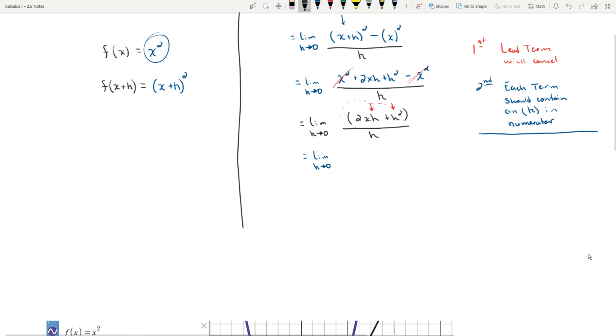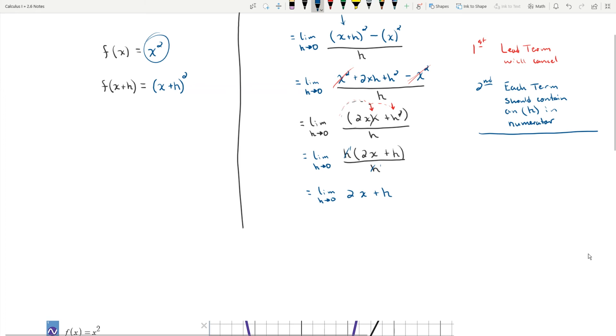So factoring that h out, I now have an h multiplied by 2x plus 1h here, divided by that h in the denominator, which I can finally reduce, which leaves me with 2x plus h.